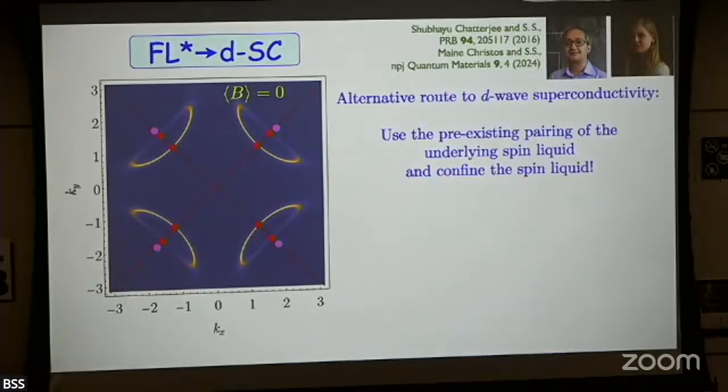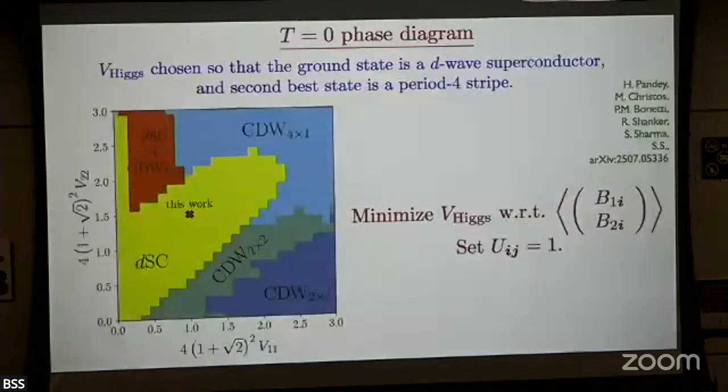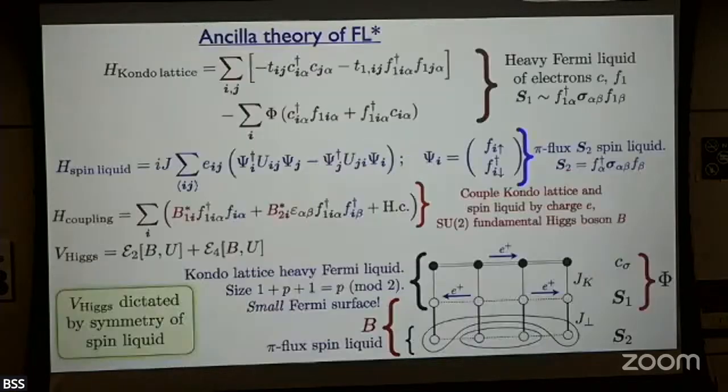What you have to do is, this is the rough idea of Anderson's 87 paper. The spin liquid already has a pairing in it. You've got to use that. And that's exactly what condensing B does. What you have to do is condense B. So this is an artifact of the particular gauge I'm working in. Here the pairing is in the Yukawa coupling, but you can remove it and put it in here, in some other gauge of the SU(2).